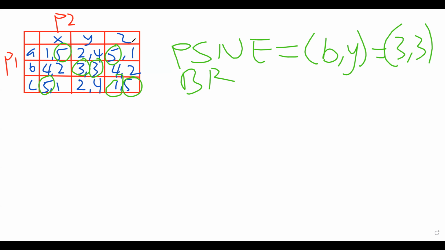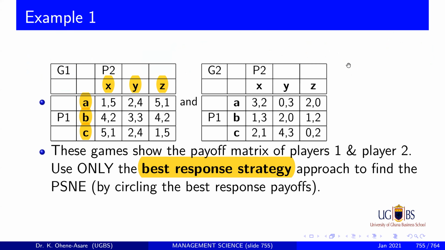So I want you to know that it's not always just one. You can have multiple. All right. So now let me show you the table. And now I'll give you 3 minutes. Solve and come out. When you are done, raise your hand and let me see. Solve for the pure strategy Nash equilibrium using the best response approach.